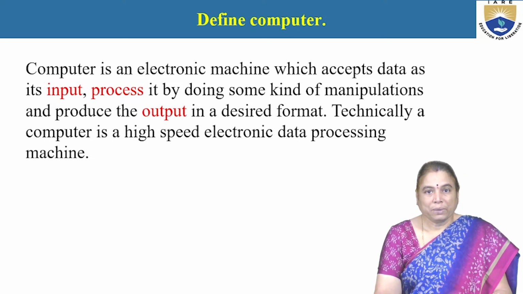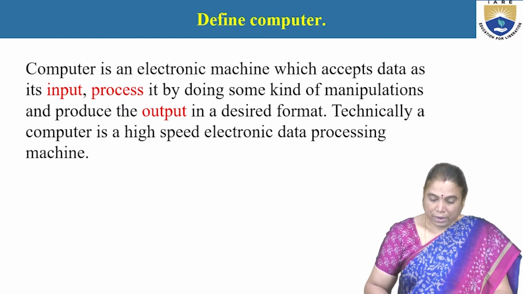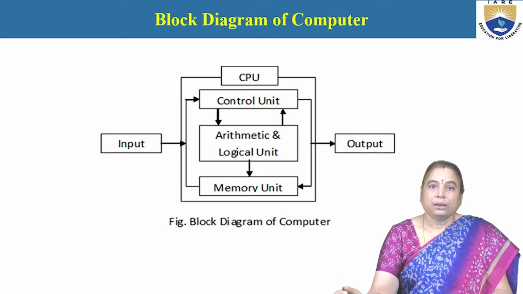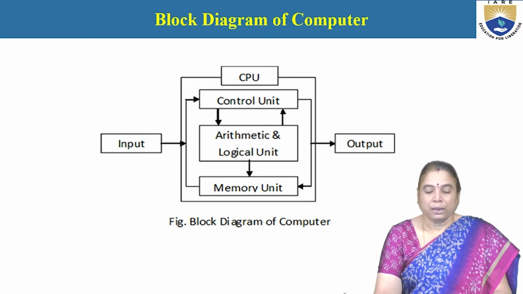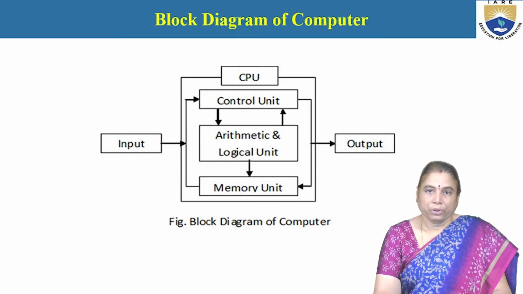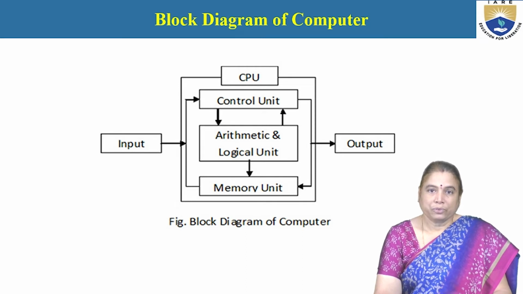To support the basic three functions, input, process and output, three basic units are available in the computer. That is input unit, CPU, output unit. Input unit supports the input. It takes or receives data from the user and supplies it to the central processing unit in a machine readable form.